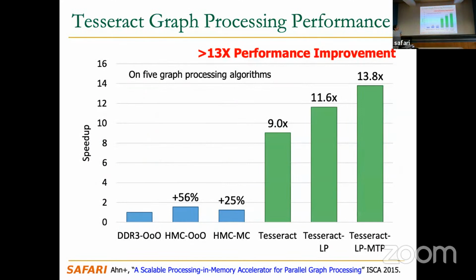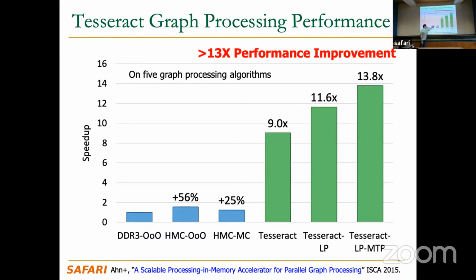And here you can see some performance results. This is a speedup over this one, so results are normalized to this one. When you increase the bandwidth from DDR3 to HMC, there is clearly some performance improvement. It's not amazing. Remember that the bandwidth of HMC is like 6 times larger than the bandwidth of DDR3.